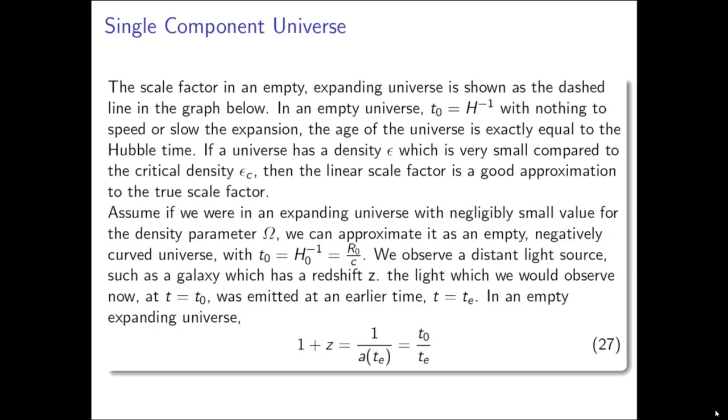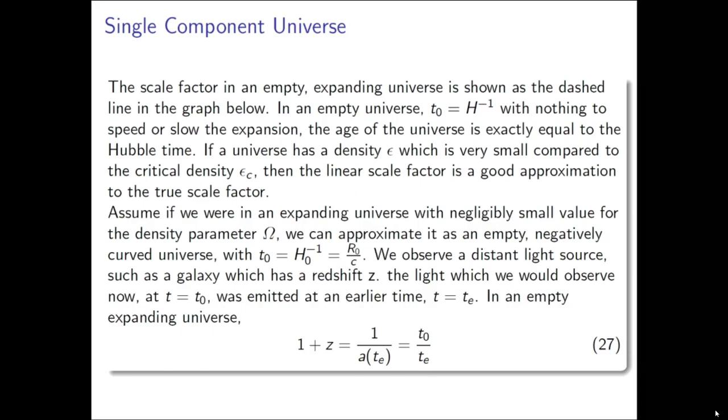The light which we observe now at t equal to t naught was emitted at an earlier time t equals t e. Here t naught is the time at which we observe the light emitted by the source, and t e is the time at which the light was emitted from that source.